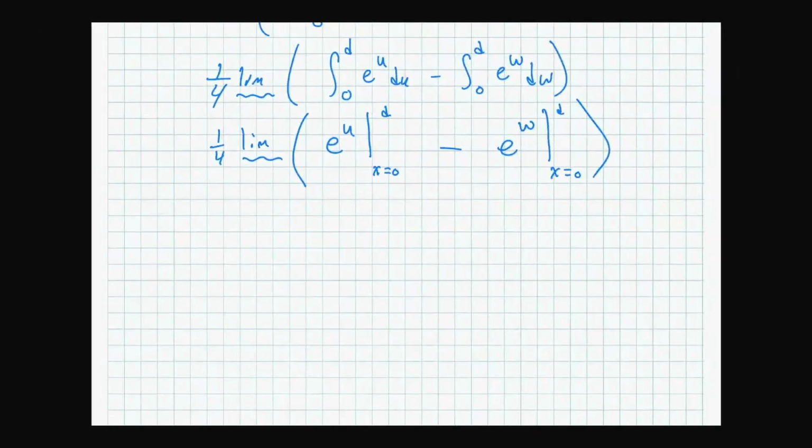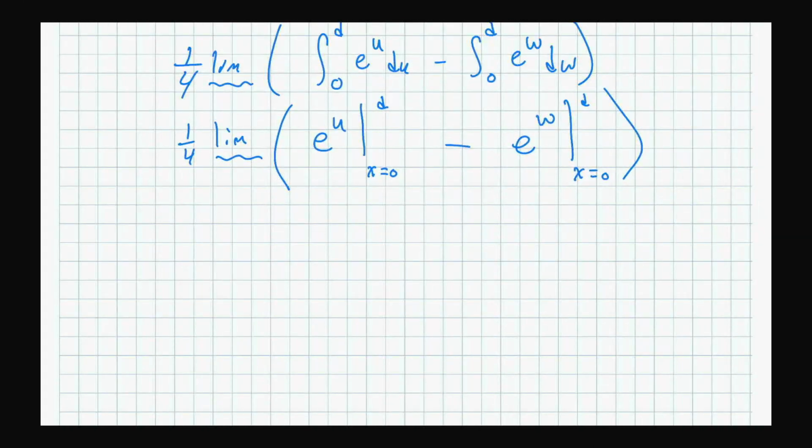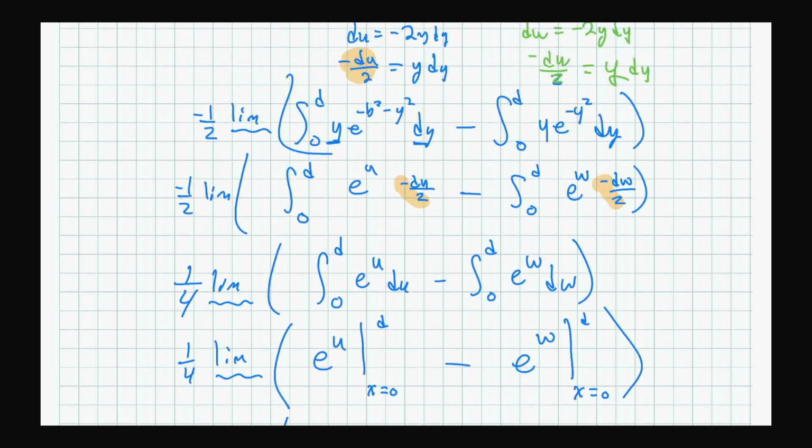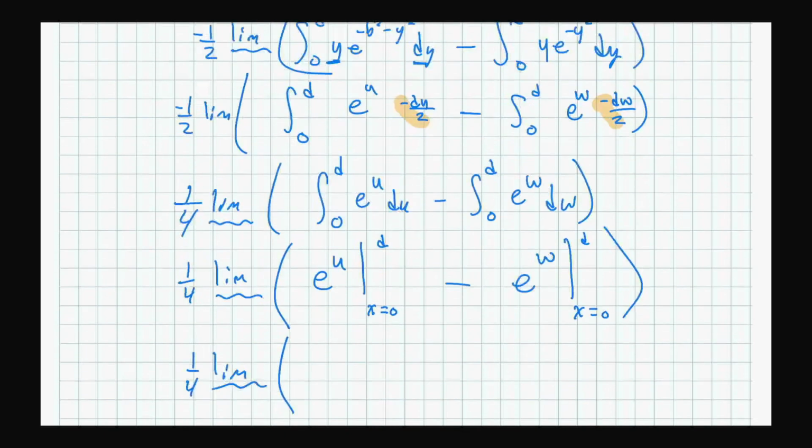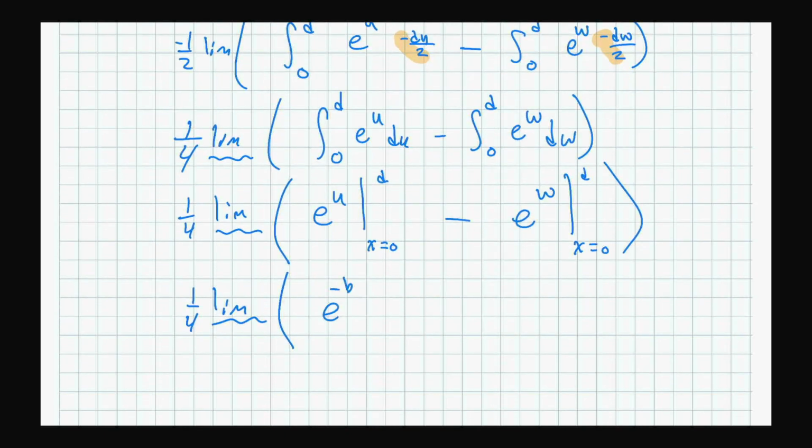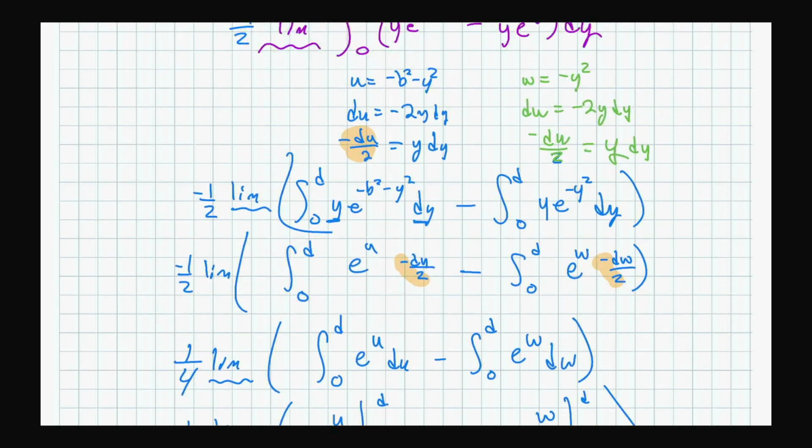So before you substitute those 0 and d in, you've got to substitute back to the original variables. So the u was negative b squared minus y squared. That. And now that's, I guess that's not x, that's y, right?